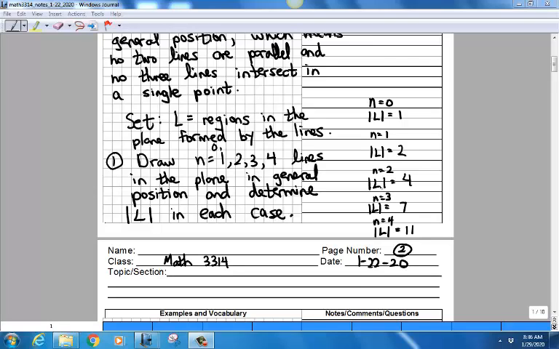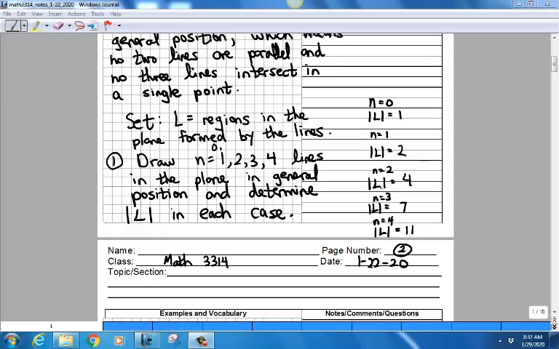So even if n is equal to 0, L is not empty. It's 1. Sometimes we're just interested in answering whether it's more than 1, when we're trying to find the cardinality of a set. But in this case, it's obviously more than 1.